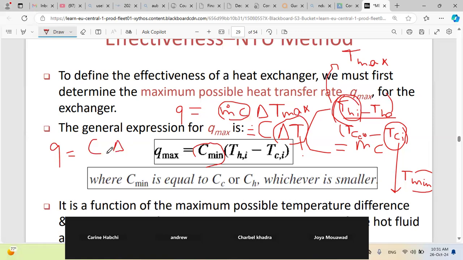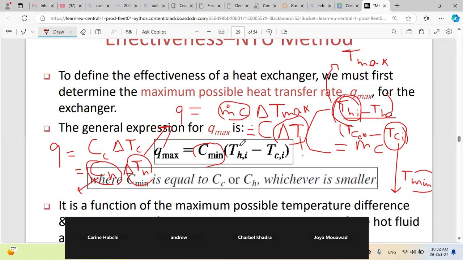So you can say that C cold times delta T cold equals C hot times delta T hot. According to this energy balance, if one fluid is experiencing a larger value of delta T, it should be characterized by a smaller value of big C. Meaning the fluid having the smallest C will undergo the largest temperature difference.